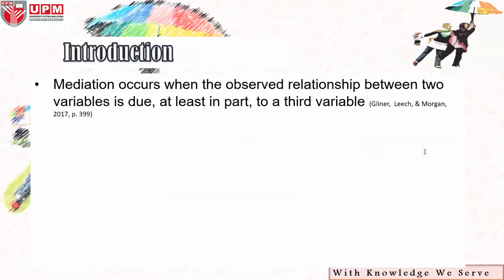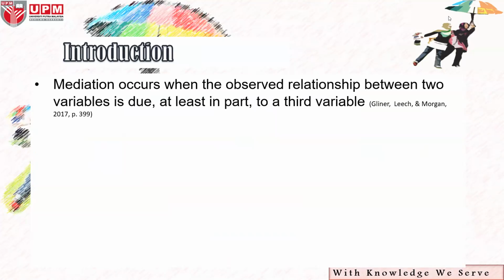Mediator ni ataupun the mediation, mediation occurs when the observed relationship between two variables is due at least in part to a third variable. Biasanya the correlation or the connection between IV and DV ni happen is actually due to, or at least contributed to by, the third variable.